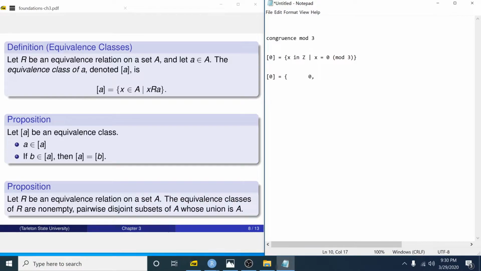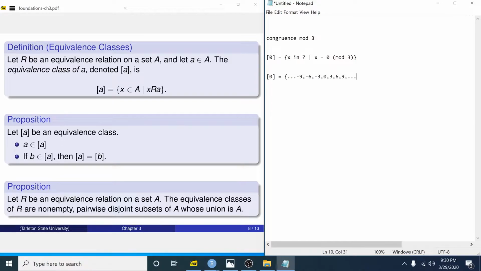It's also congruent to anything else that's a multiple of 3, and it also goes back to negative numbers, so you would have things like -9, -6, -3, and so on. This is what this equivalence class would look like, and it has infinitely many things in it.